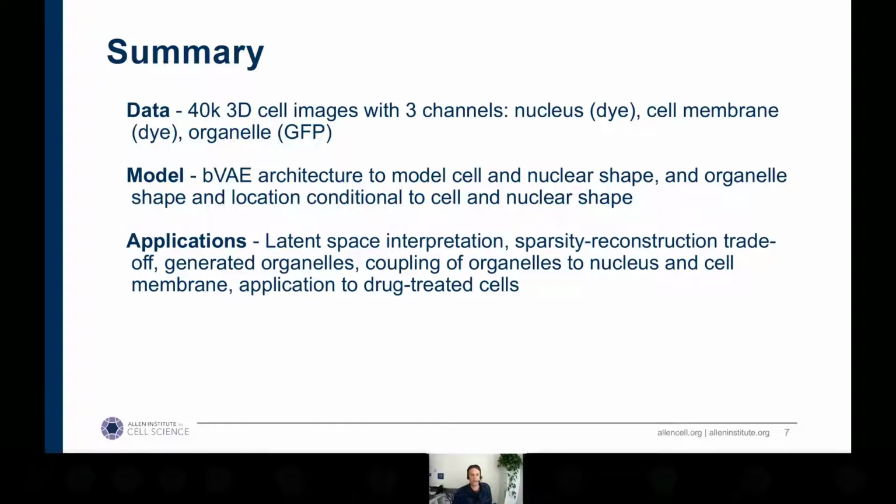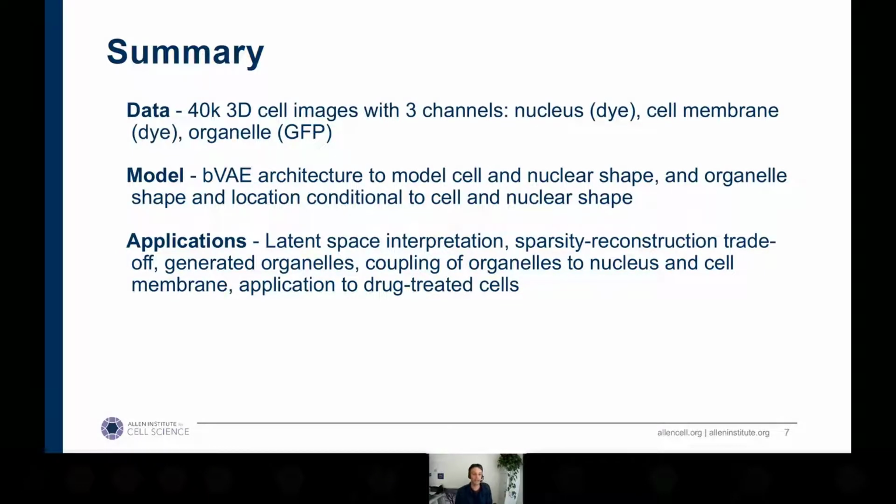In our paper and in this presentation, I will present a whole bunch of applications which we implemented in order to understand what happens when we push these 3-dimensional cell pictures through the model. How can we interpret the latent space? What happens when we turn the knob on beta, which gives us a trade-off between the sparsity and the reconstruction capabilities of the model?